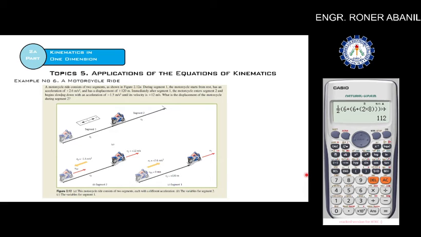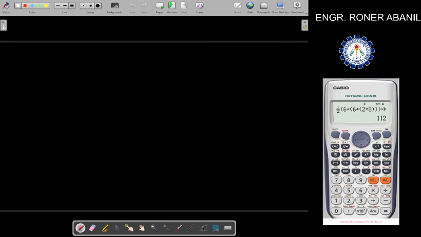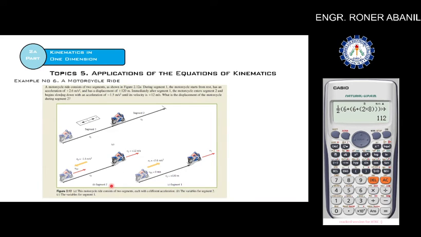Okay, so how do we approach this? How do we approach it? In figure 2b, in segment 2, two variables, the final velocity and acceleration, are known. So we know the velocity and the acceleration.